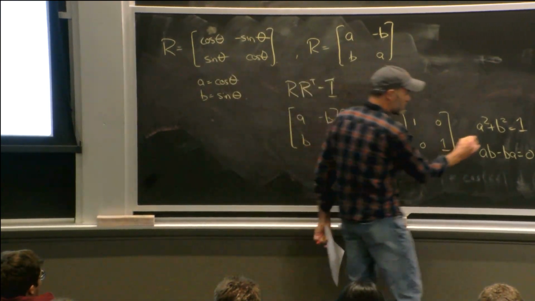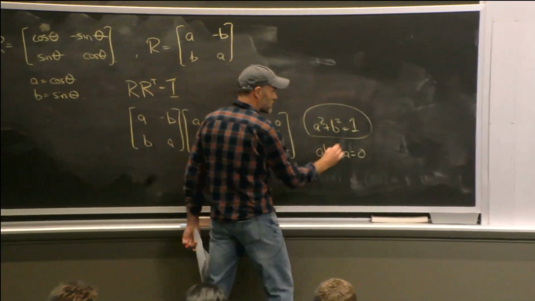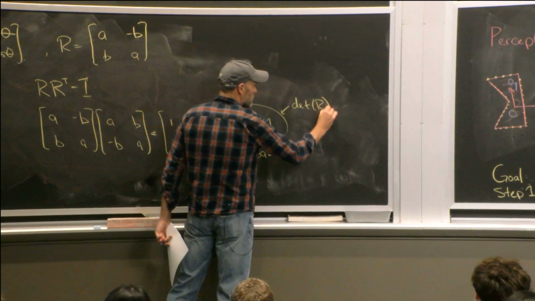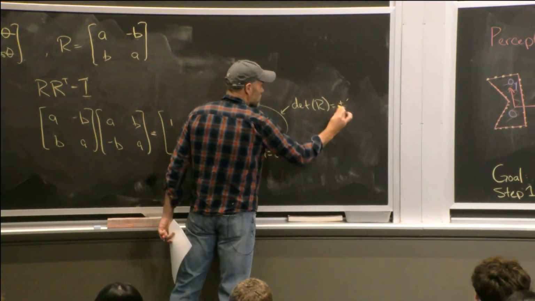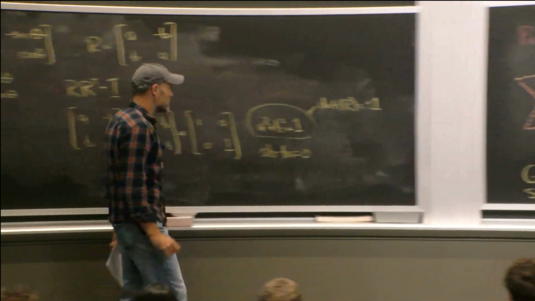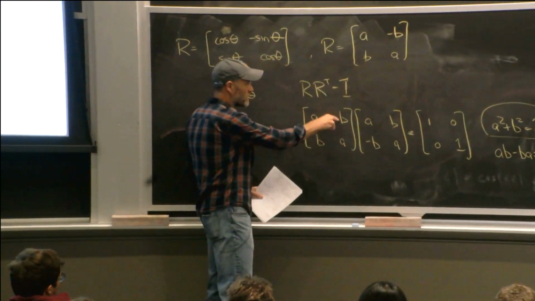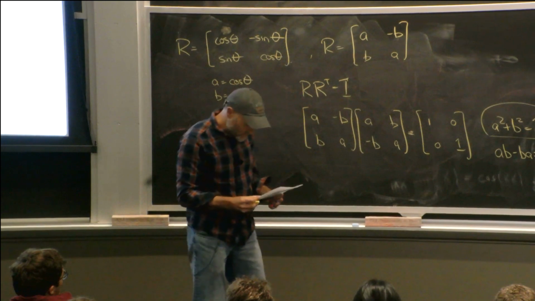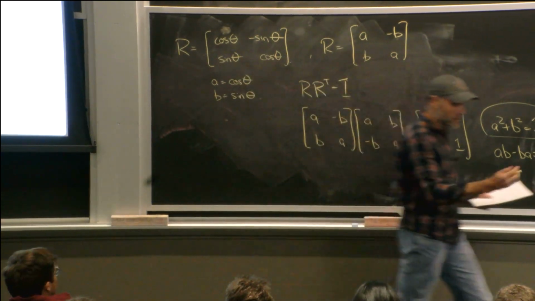In this case, it's the same as this. This is also the determinant of R equals plus 1. And that's because I took out the improper rotations by my parameterization, roughly. Okay, so yes?